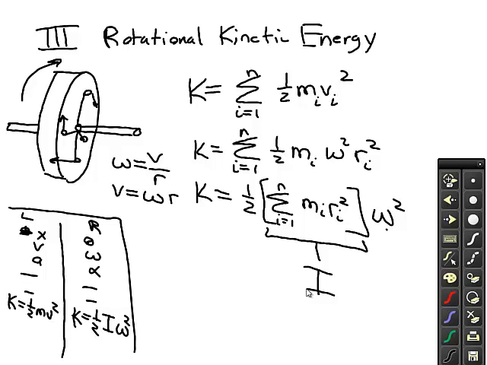So the rotational inertia of the object is the sum of all the m r squareds. We're going to calculate this tomorrow, but notice that this rotational inertia quantity depends on the mass of the object, but it also depends on where that mass is located within the object.